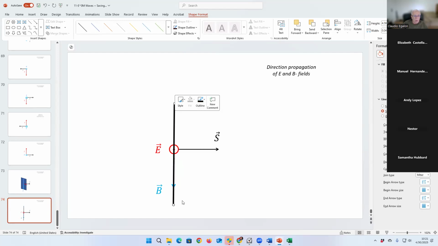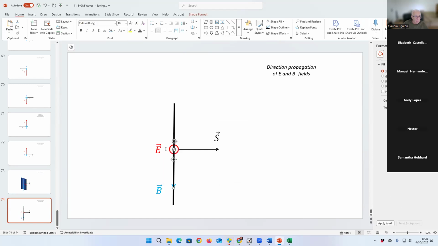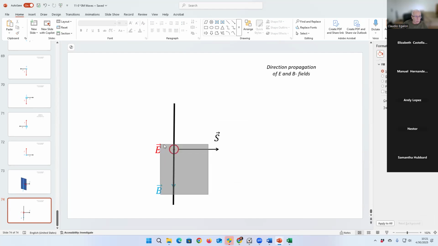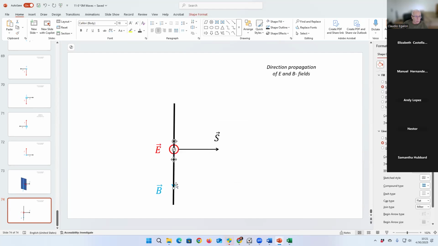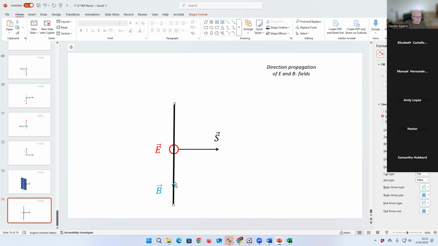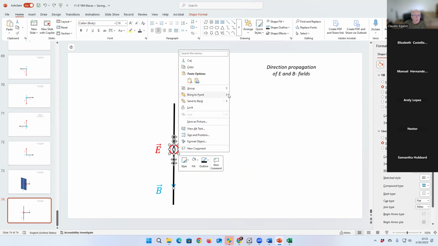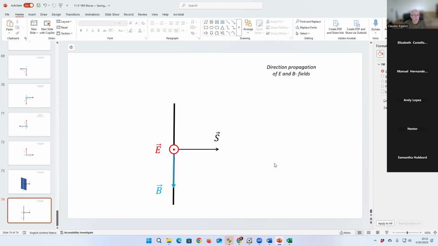And what I'm going to do, I'm going to get this vector that you see right in here, and I'm going to bring it to the front. Okay, good. That's the plane that contains the electric and magnetic fields, right? And that's the direction of propagation of the wave.